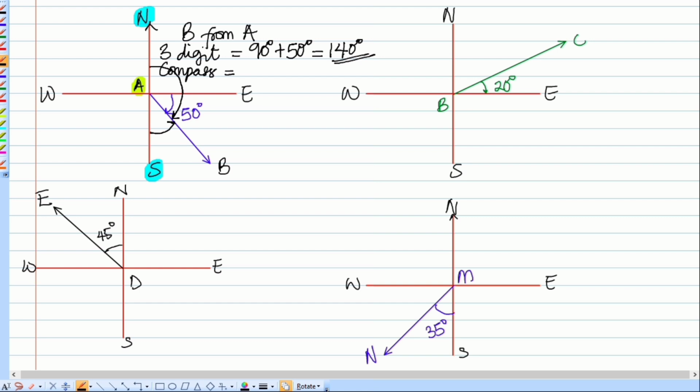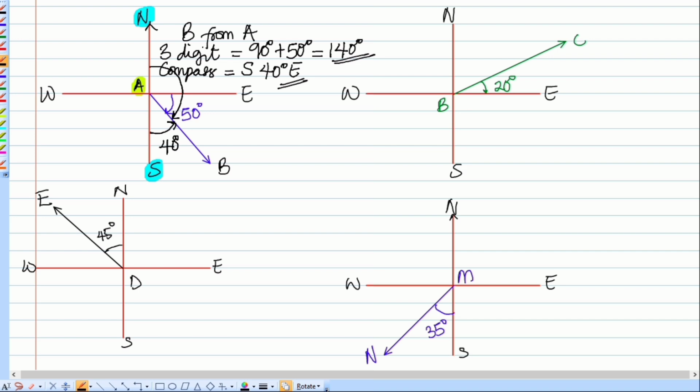So this angle will be our bearing, the angle we use to describe the bearing. So if this part is 50 degrees, this other part is going to be what? 40 degrees, because 50 plus 40 will make 90 degrees, which is the full southeast direction, 90. So our bearing would be south 40 degrees east. So that will be our bearing.